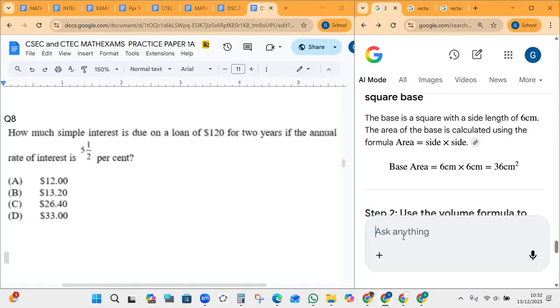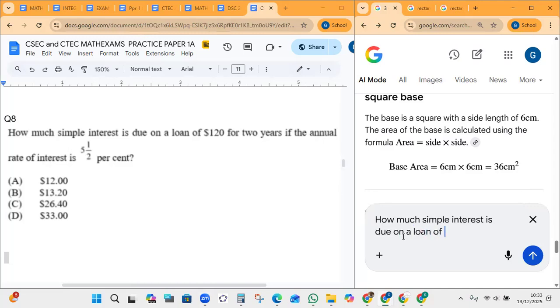Okay, so let us type this out because this is a very classical question to type out in AI. How much simple interest is due on a loan of $120.